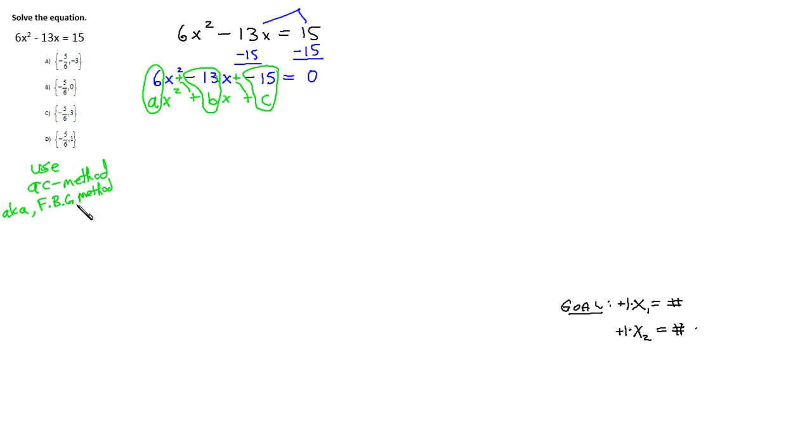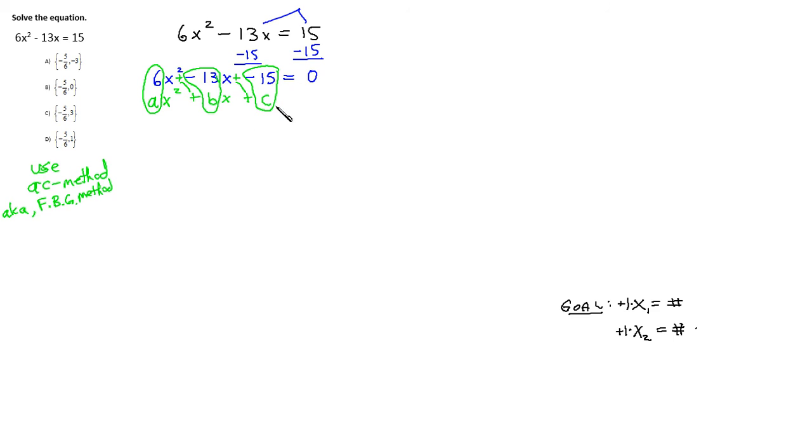We're going to use AC and B, of course, to find a pair of numbers to split the middle term, and then we'll have a 4-term polynomial. Once we have a 4-term polynomial, we of course would factor by grouping.